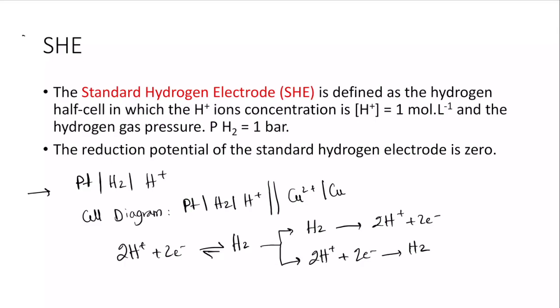Okay, these are the main reactions that occur in the standard hydrogen electrode. This is how H2 undergoes oxidation, and this is how H plus ions undergo reduction.